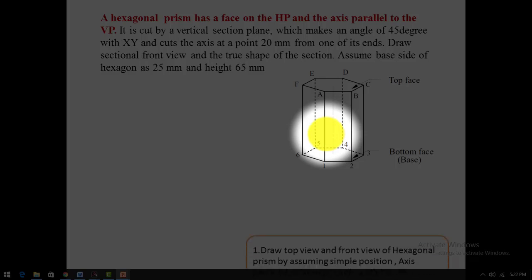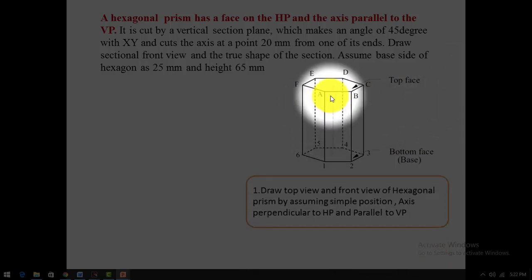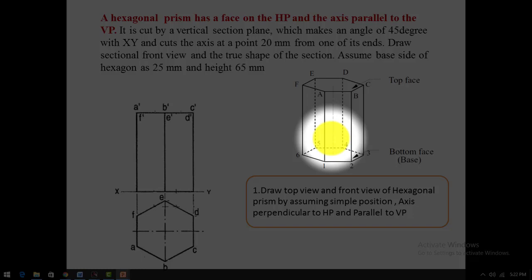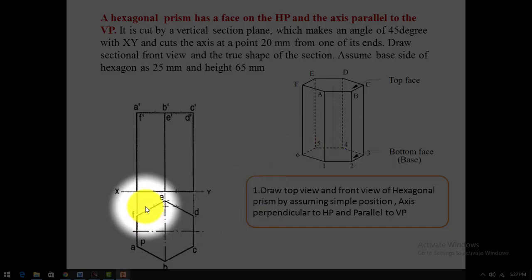So for the first step, we assume that the axis is perpendicular to the HP, and we start from the view appearing on the HP, that is the top view. In the top view, draw a hexagon of the given side, 25 mm.